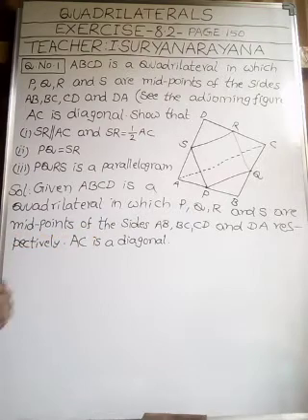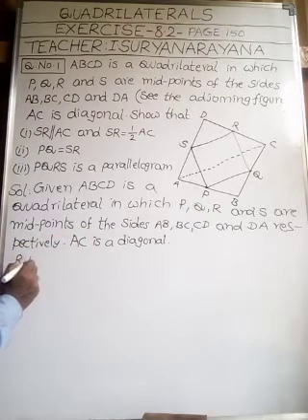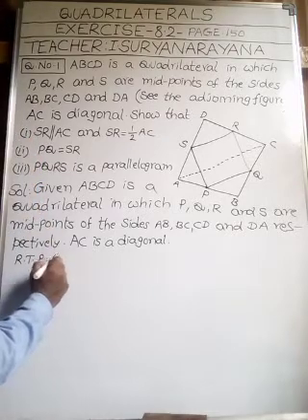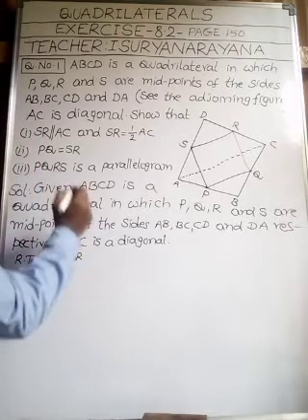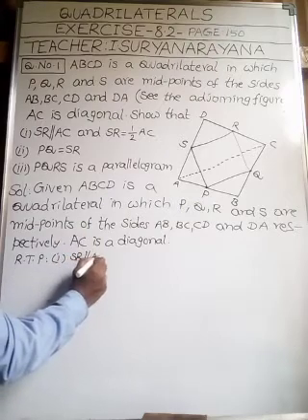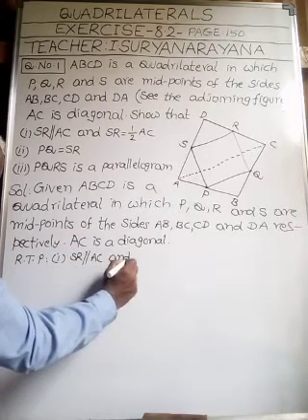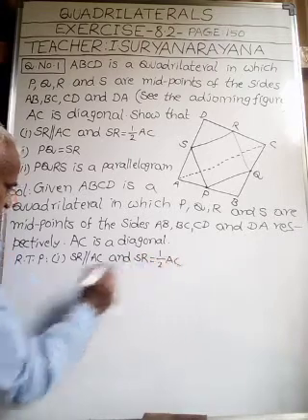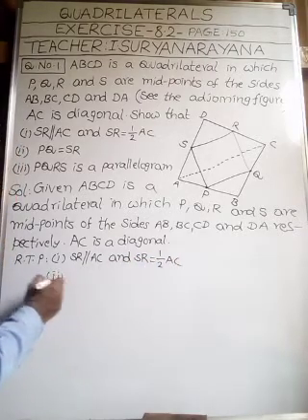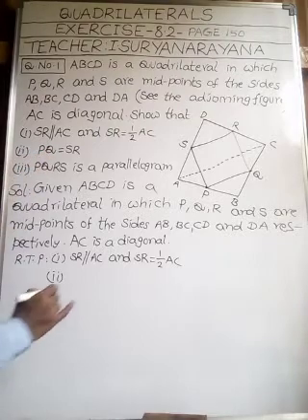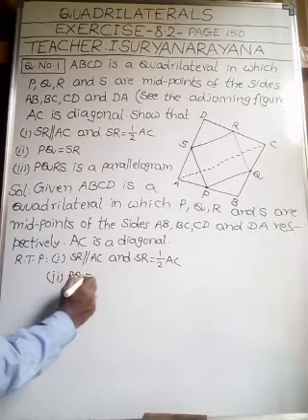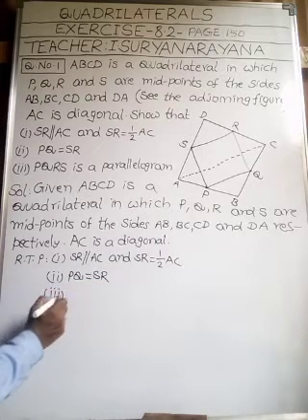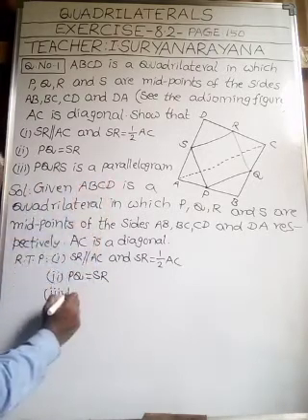What is to be proved? Required to prove these three parts. First part, SR is parallel to AC and SR is equal to half of AC. Second part, PQ is equal to SR. Third part, PQRS is a parallelogram.